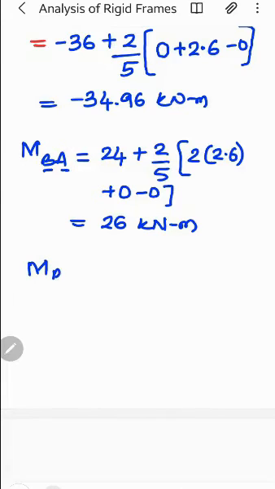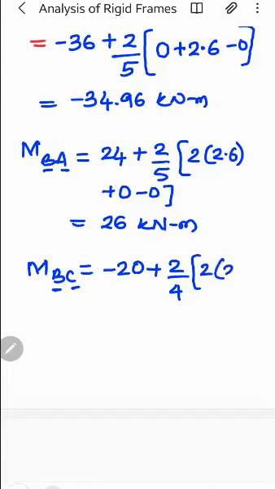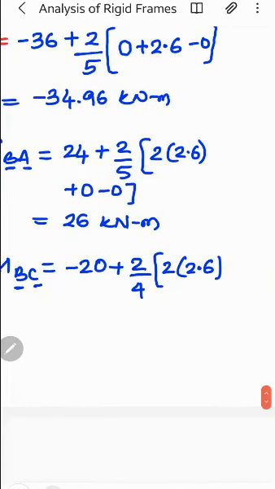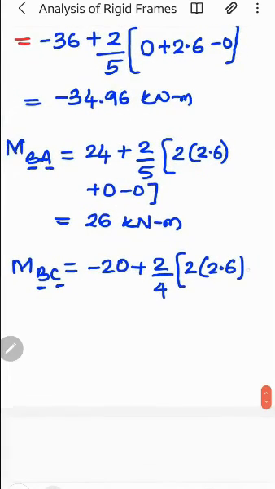MBC is equal to MFBC minus 20 plus 2 by L, where length for member BC is 4, into bracket 2 EI theta B plus theta C. 2 EI theta B is 2 into 2.6 plus theta C, that is minus 11.3.